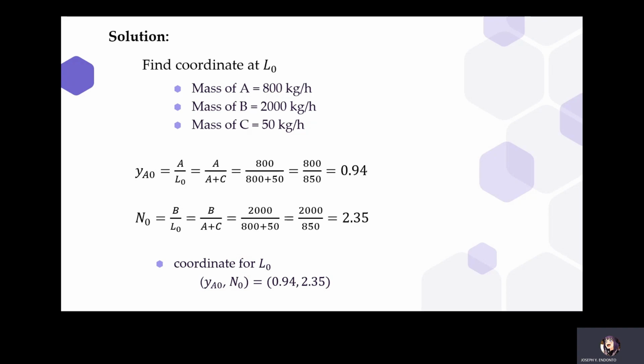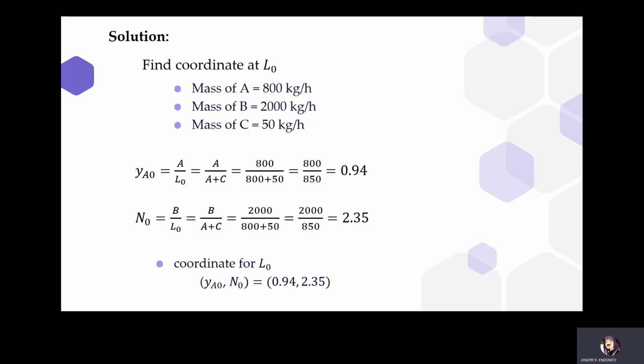And next is to get the value of N sub 0, which is in the form of B over L sub 0, which can be computed by using the formula of B over A plus C. So the value of B, which is 2000, over 850.